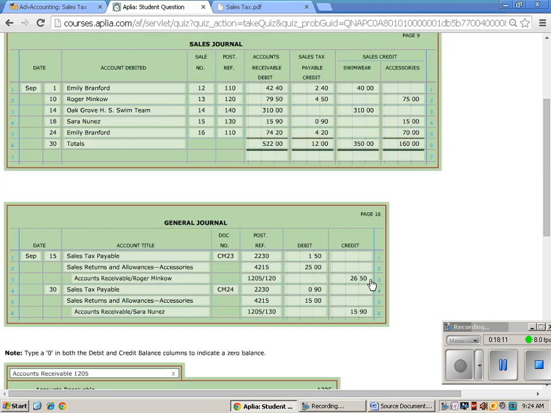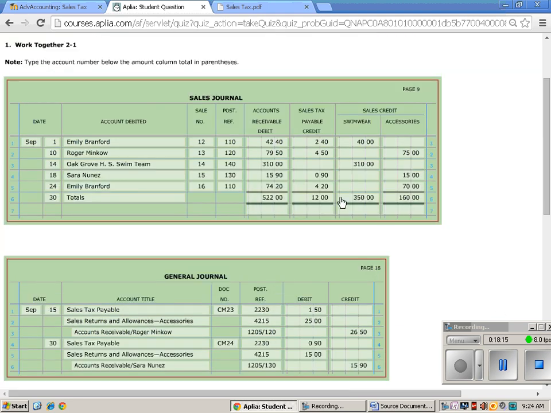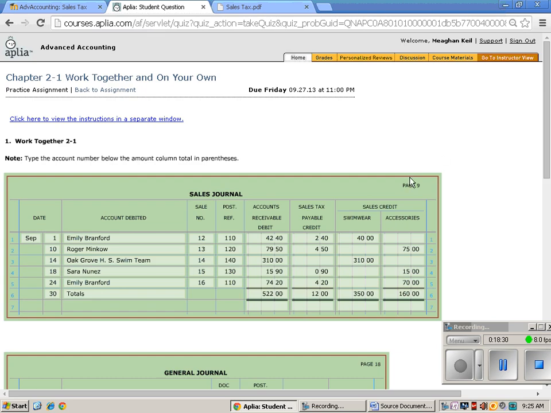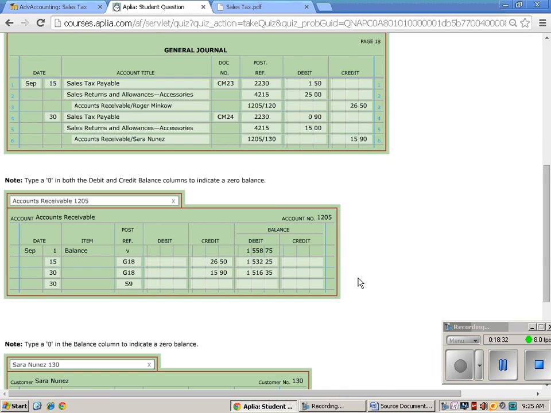Okay, general journal we're good with. Everything's already been posted individually. Now we have to post these 4 items, just the totals, in the general ledger. So we're going to start with accounts receivable debit. So our date is the 30th. Sales journal page 9, again S9. We have a debit of $522.